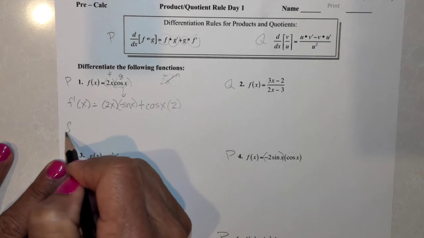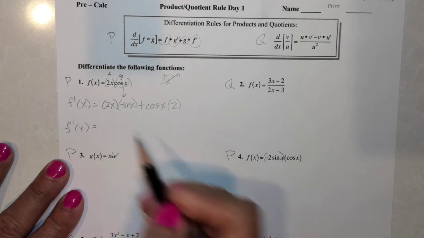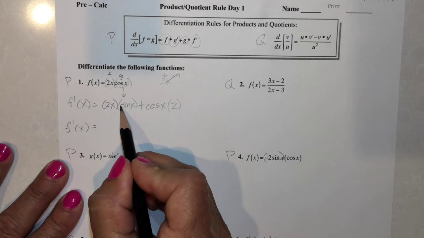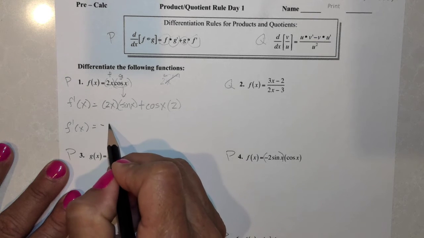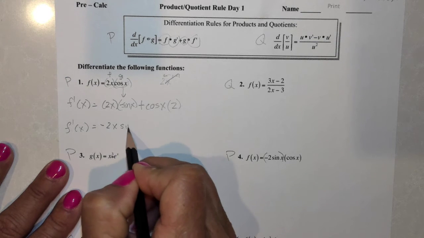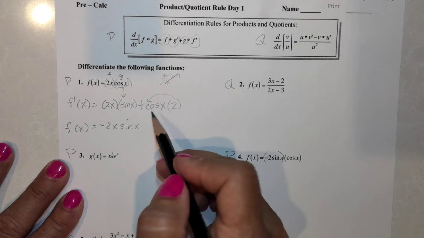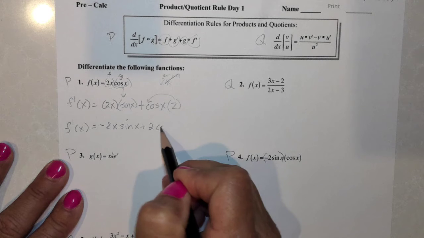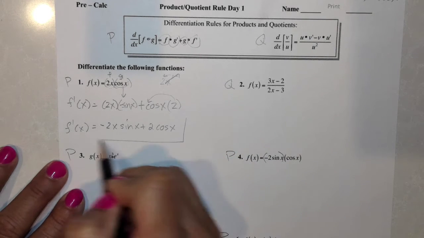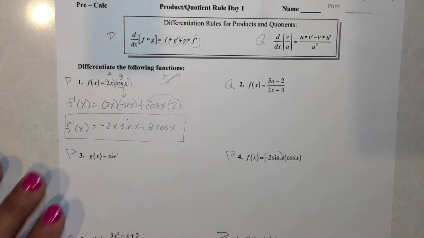And then all you do is clean up, simplify, multiply, whatever you can do. So here, a negative in here is weird, so you'd write it out in front, negative 2x sine x. And then the 2 is a coefficient, so it would go in the front as well, plus 2 cosine x. And that, my friends, is your derivative.